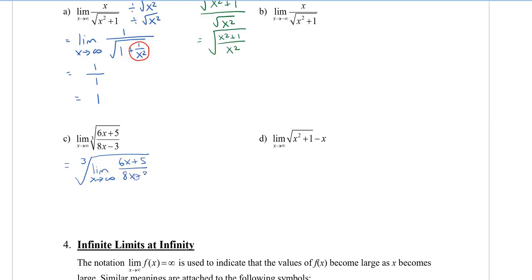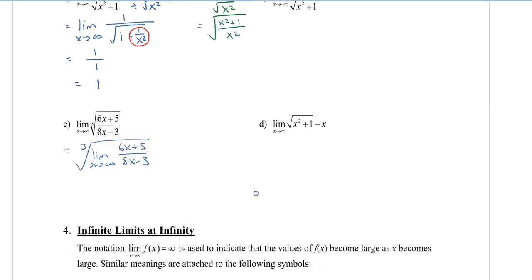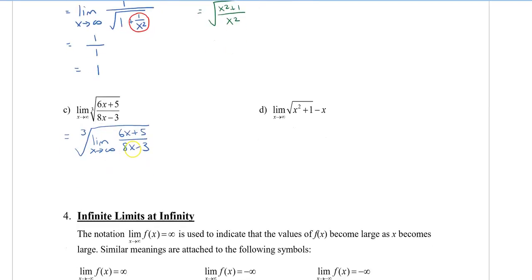by 8x minus 3. So we again look in our denominator, and the largest exponent with the variable is x. So what we're going to do is divide our top by x and our bottom by x.